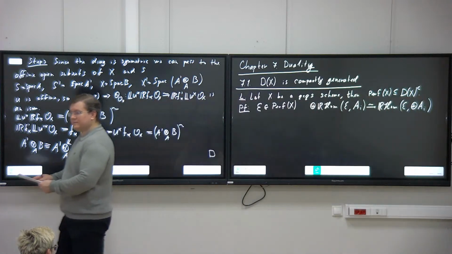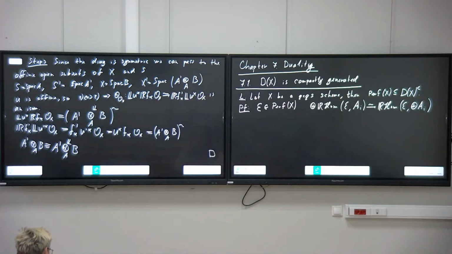It is because of one of the theorems that we proved before: when the first argument in the Hom is perfect, then this Hom, which is derived, is quasi-isomorphic to the derived tensor product of E dual and the second argument.